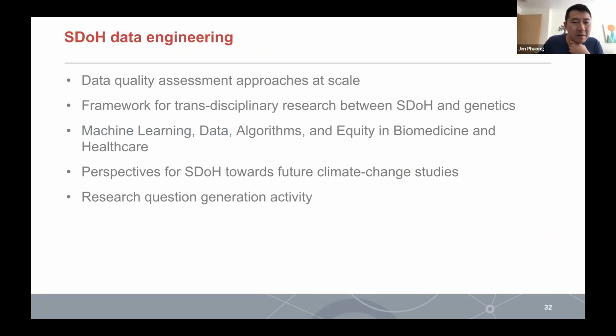Okay, a couple of other things that we're also thinking about right now, through social determinants of health data engineering. We still have a lot more to go in terms of the data quality assessment and approaches to do this at scale. But beyond COVID, just looking at infection and the likelihood explained by social determinants of health risk factors, we could consider other questions that are more integral, like transdisciplinary research involving social determinants of health and genetics of patient cases.